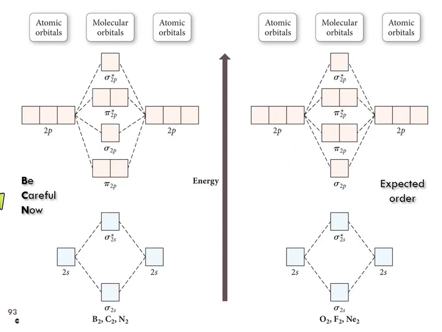And then be careful now, if you're doing boron, carbon, or nitrogen, you have to flip these. This one and this one are switched. So that's only for the diatomic molecule. This is only homonuclear diatomic molecules, yes. That's limited, isn't it? Yeah.